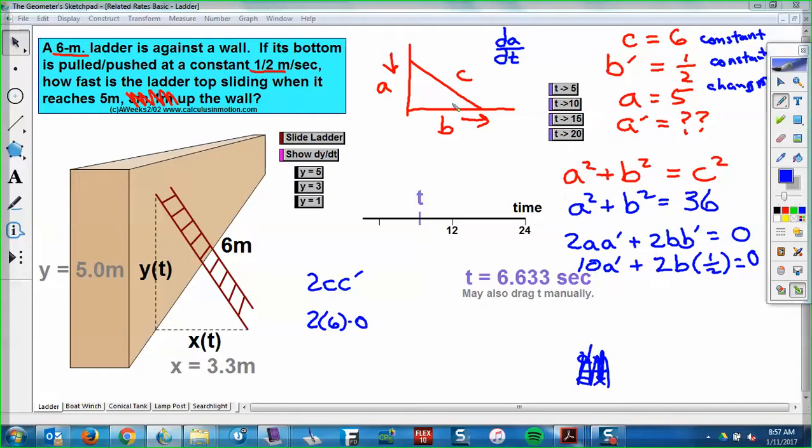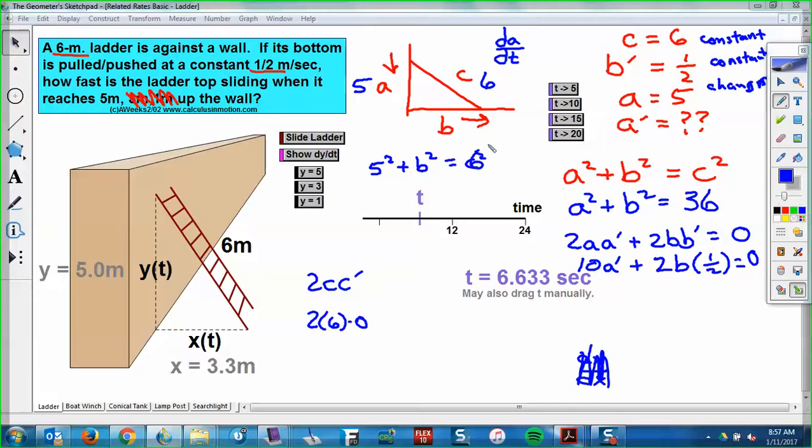Oh, wait a minute. Now I can plug in a 5 here, and I've got a 6 here. Can I find b? Usually with the given information, we can find any other missing things. So now that I'm at the point where I can plug a 5 in for a, I can now plug a 6 in for c. And so now my Pythagorean theorem: I've got 5 squared plus b squared equals 6 squared. You guys do that for me on your calculator.